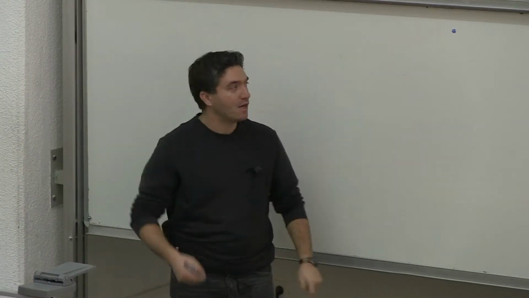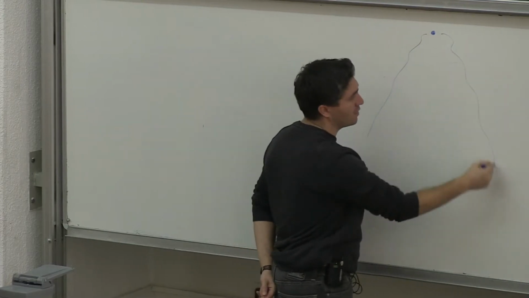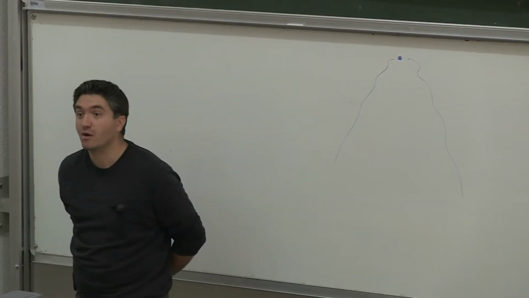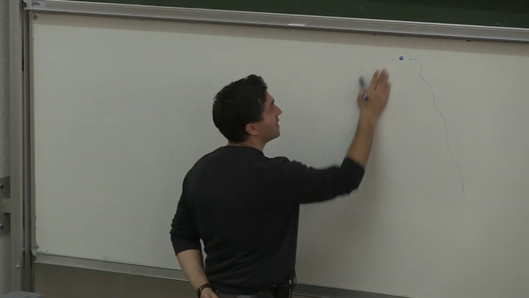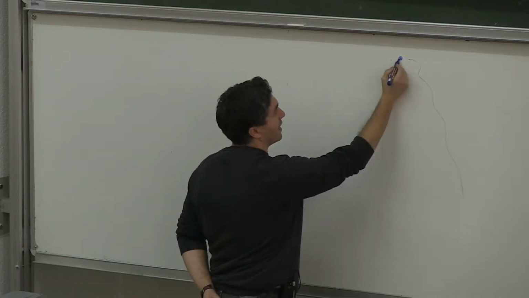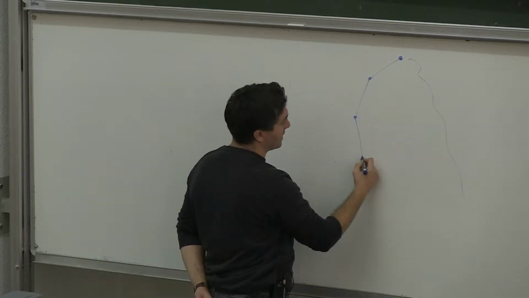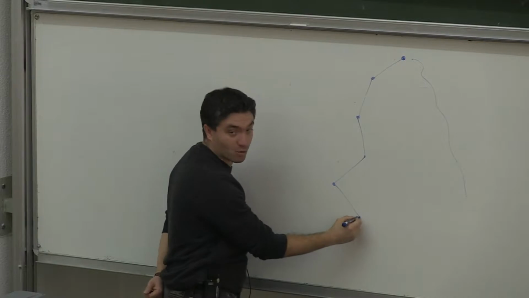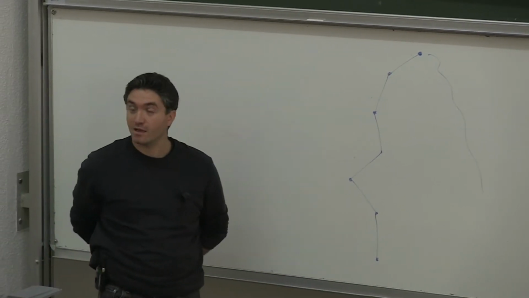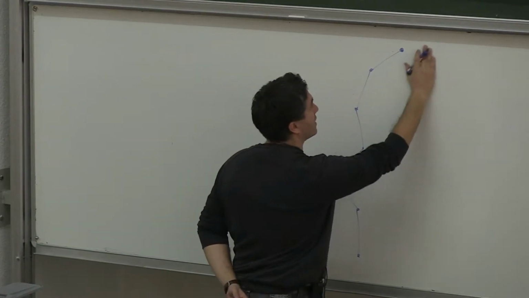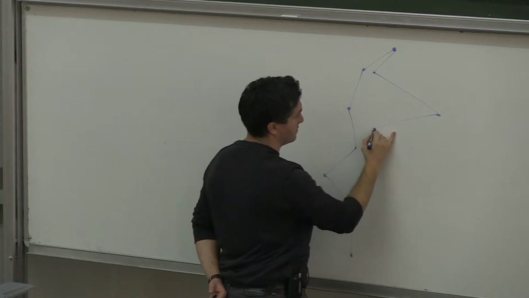So assume a Y monotone polygon has two chains of vertices, left and right, and each chain has vertices that are always monotone in Y coordinates. So we are going to have vertices like this in the left chain, and vertices on the right chain.